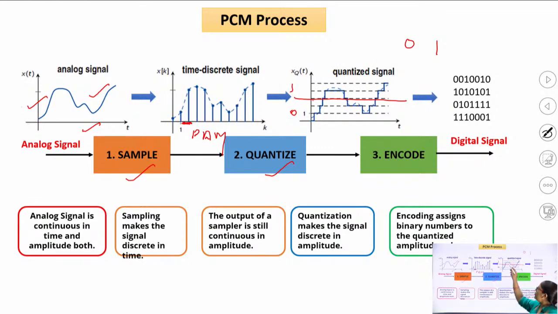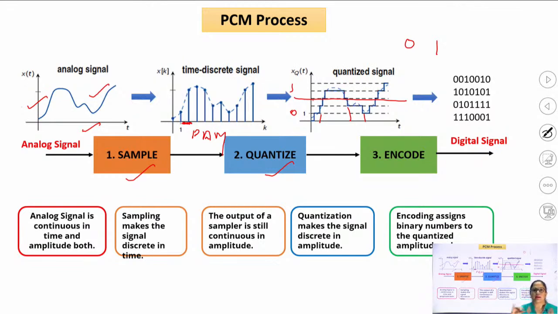So if I want to transmit this particular sample, or this particular sample, I'll transmit binary 1 instead of this amplitude value. Or if I want to transmit this particular sample, or this one, or any one lying below this level, I will send binary 0 instead of that amplitude value.